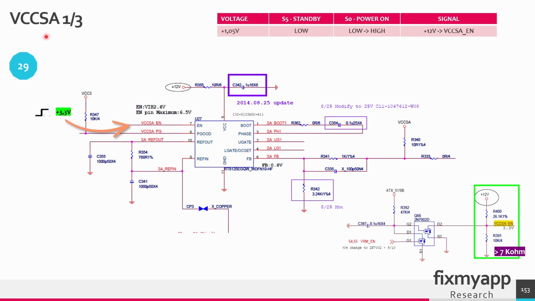The VCCSA is a system agent voltage, and this voltage is used in the CPU. This voltage is responsible for powering the system agent, which includes a number of components related to the system's memory controller, the PCIe controller, and display interfaces like the integrated graphics. So this voltage of 1.05 volt will go to the CPU.